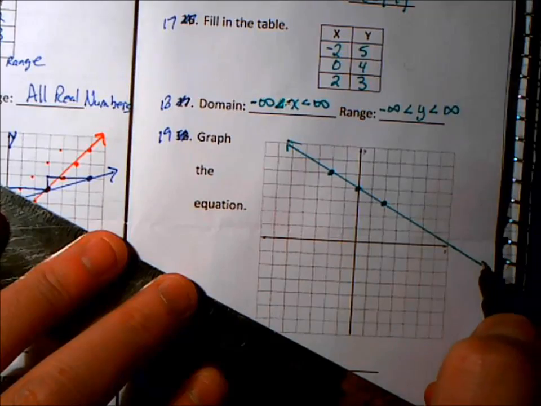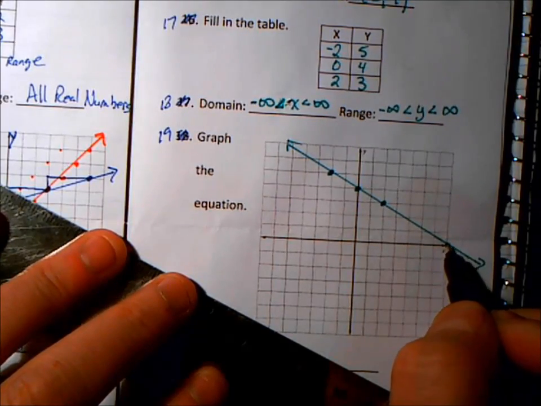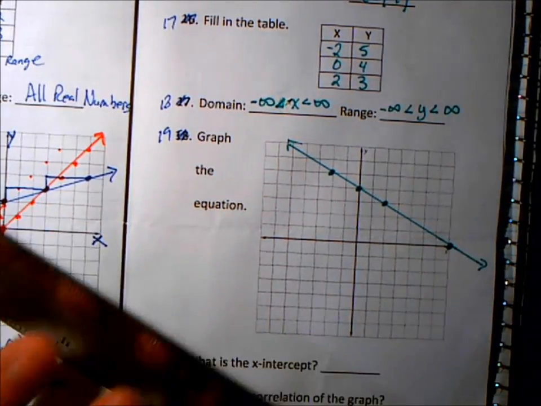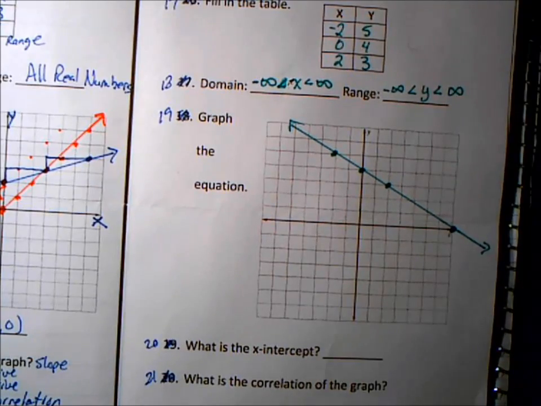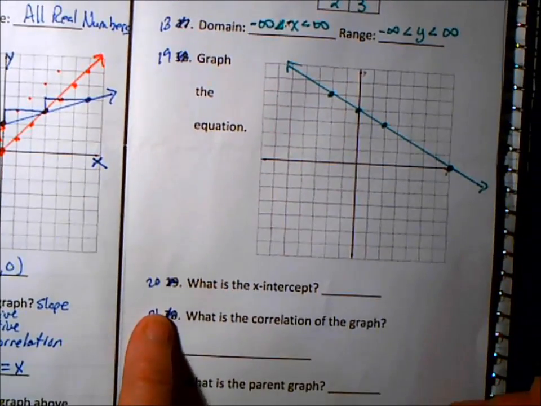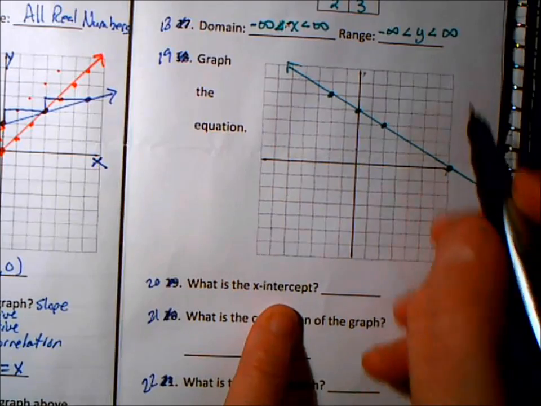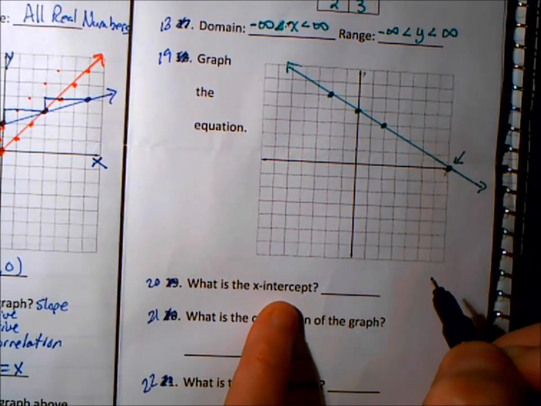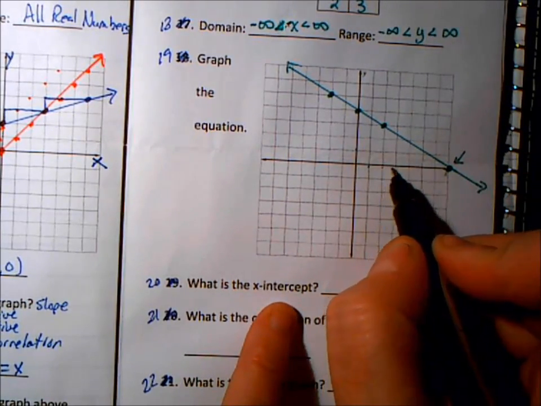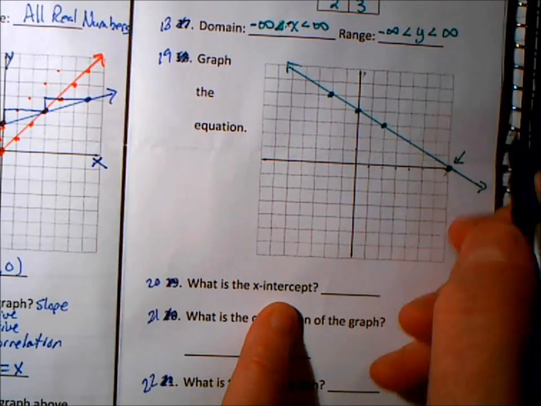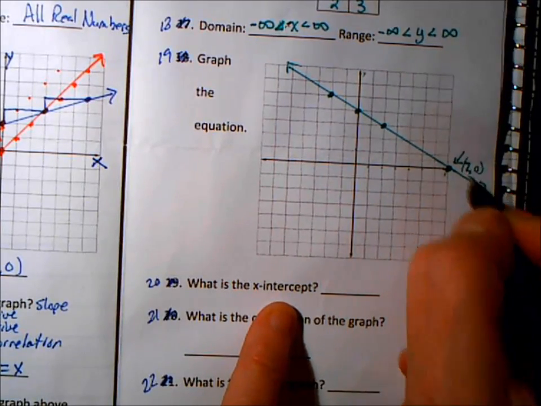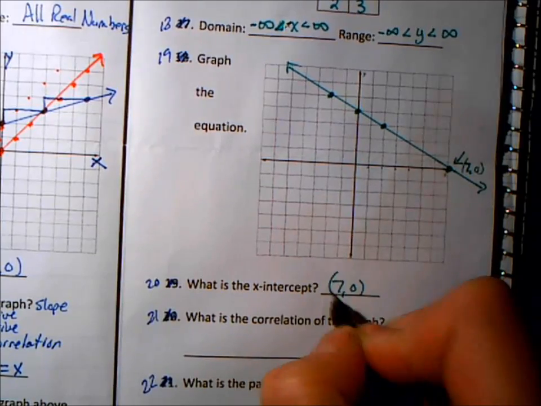Okay, there's my line. I extended that way out so I could see that point down there on the bottom, because I do need that for 20 where it says I want to know what the x-intercept is. Well, that's right there. I need to know what that coordinate is. So it's 1, 2, 3, 4, 5, 6, 7. 0 is my x-coordinate.